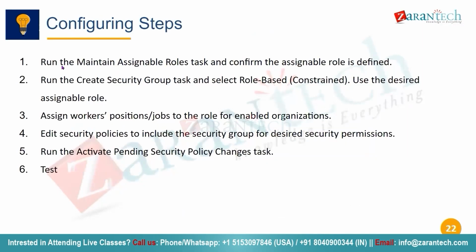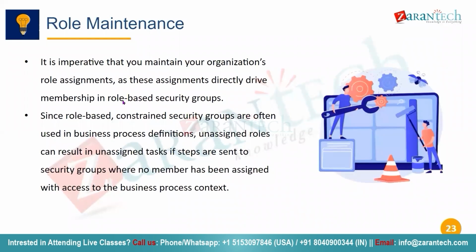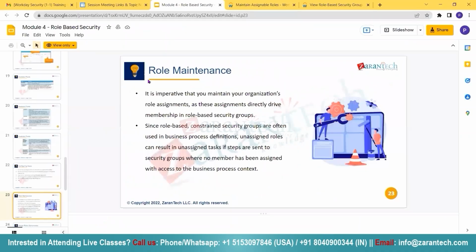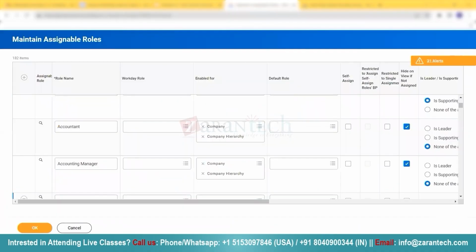So for the configuration step, run the Maintain Assignable Role task and confirm the assignable role that is defined. Run the Create Security Group task and select the desired role. Where have we seen that? Maintain Assignable Role. Okay, so here if you want to create anything, feel free to go ahead and create your own role.